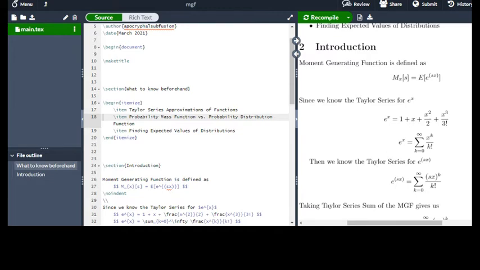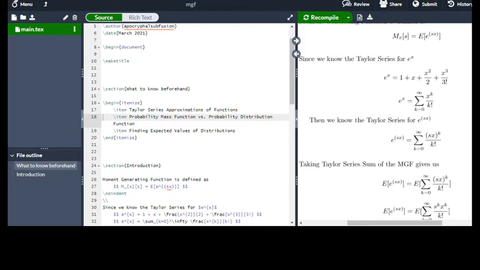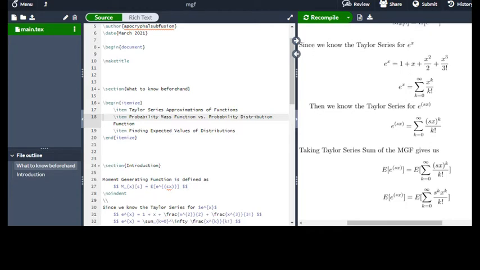First we know the Taylor series for e to the x, right? e to the x is equal to 1 plus x plus x squared divided by 2, and so on. And then, of course, expanding upon that, we get the Taylor series for e to the sx, which is exactly the same, we're just raising s times x to the k power.